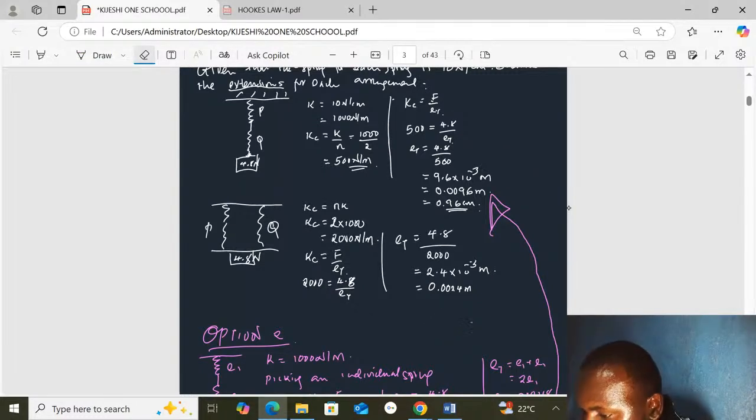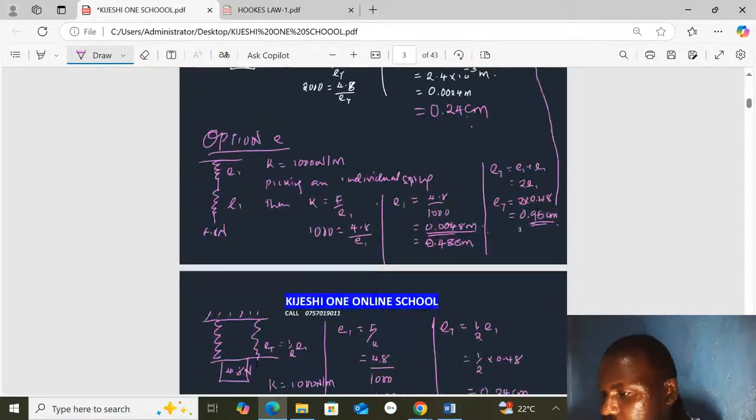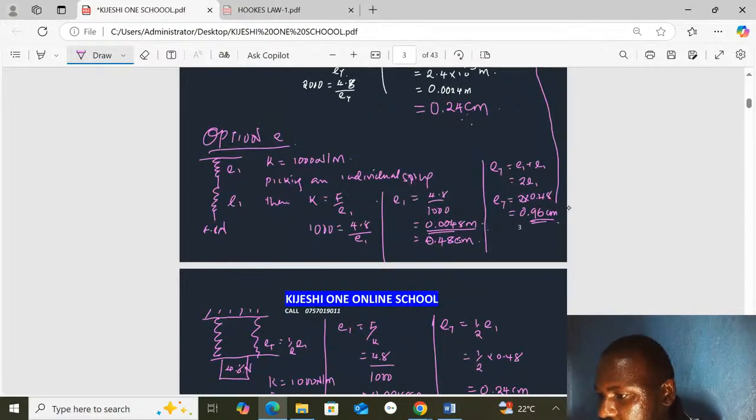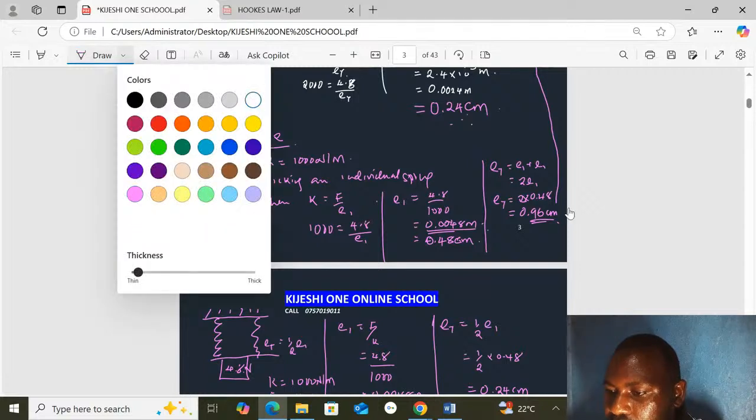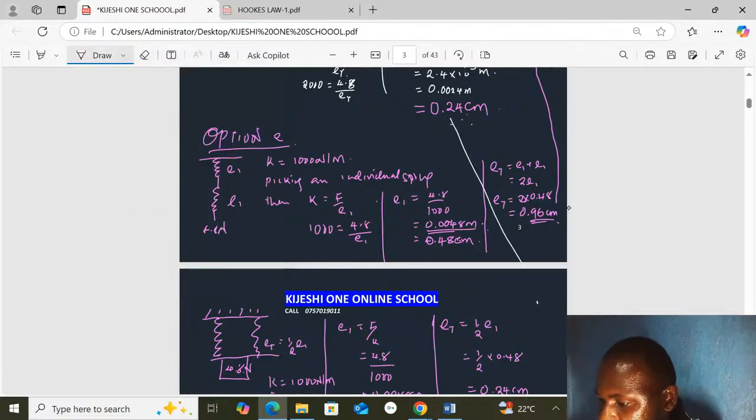This was supposed to be 0.24 centimeters. And if you link it directly, then it is gotten here.